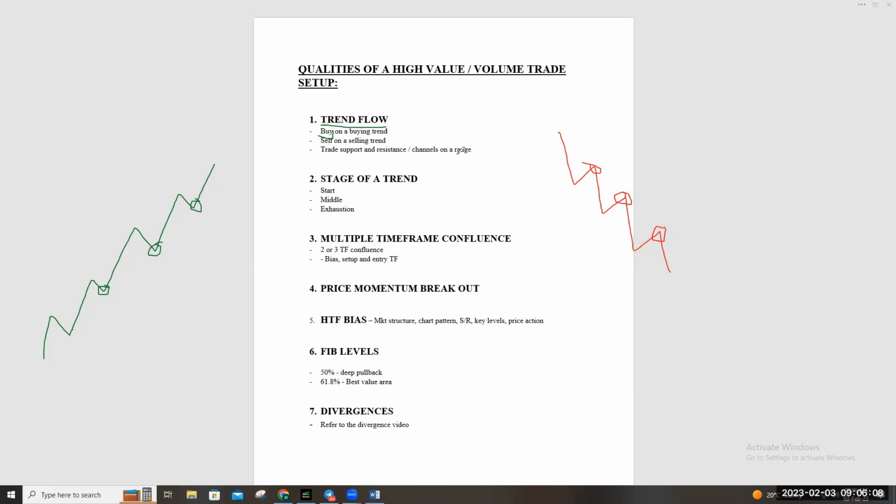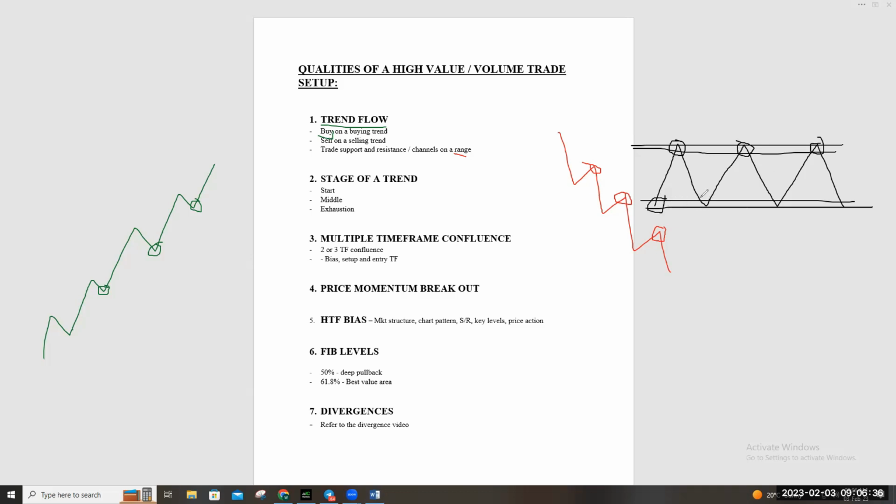If you're in a range, sometimes the market may not always push up or down. Sometimes it can be horizontal, or it can be in a range where it has a floor and a ceiling. If that happens, then you have the resistance at the top and the support at the bottom, and you'll be taking both ways. At the top you take your sells, and at the bottom you'll be taking your buys.